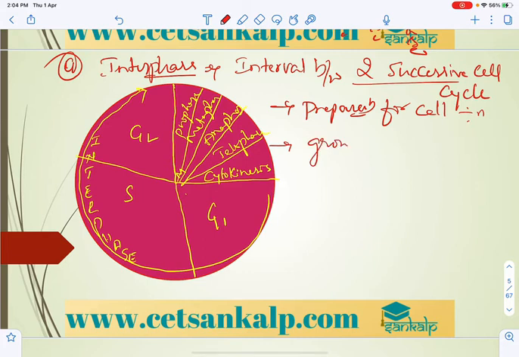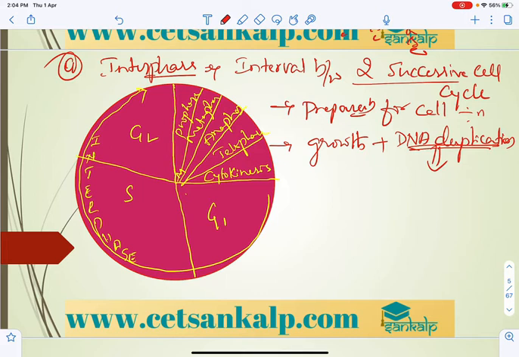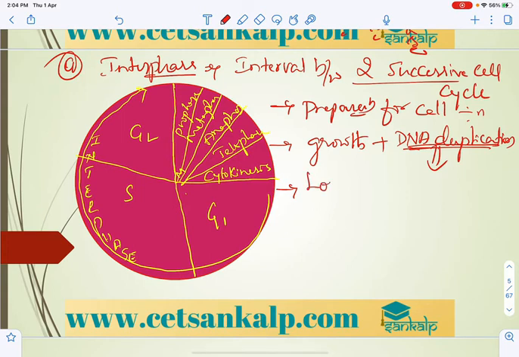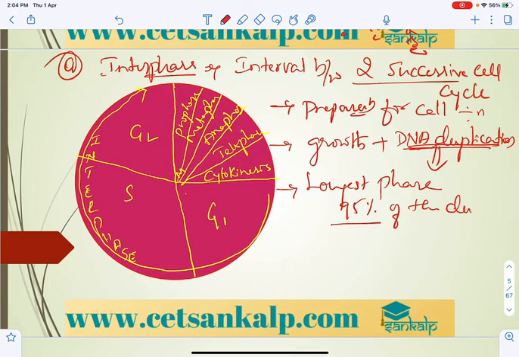The cell has to grow, and mainly DNA duplication occurs. If DNA has to undergo duplication, some proteins and RNA are required, so those raw materials are made in this phase. So it is the longest phase of the cell cycle, a common CET question, taking 95% of the total duration of the cell cycle.